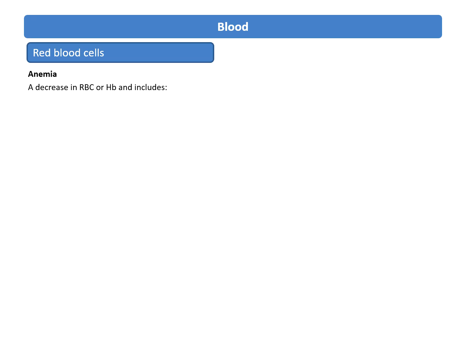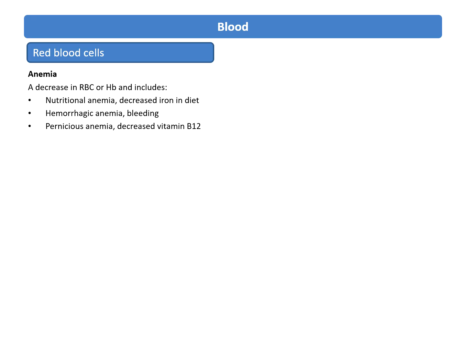Anemia is a decrease in red blood cells or hemoglobin. It includes nutritional anemia, decreased iron in the diet; hemorrhagic anemia due to bleeding; pernicious anemia, decreased vitamin B12, which is necessary for red blood cell manufacture; hemolytic anemia, increased breakdown of red blood cells.